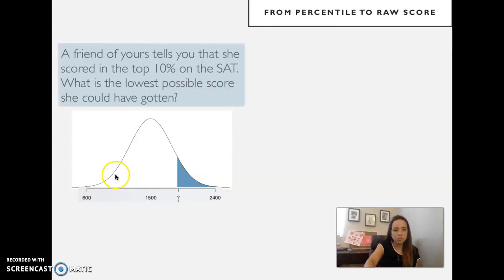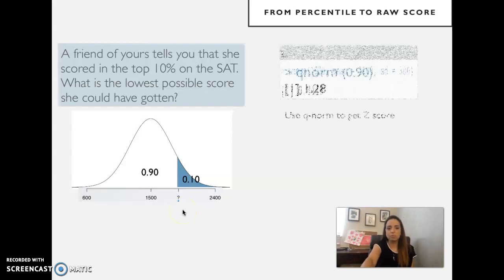So we have a normal distribution again, and here's what we want to know. We know that it's in the top 10%, so we know that the area under this curve, the upper tail, is 0.10, but we don't know what the score is. So how do we figure this out?